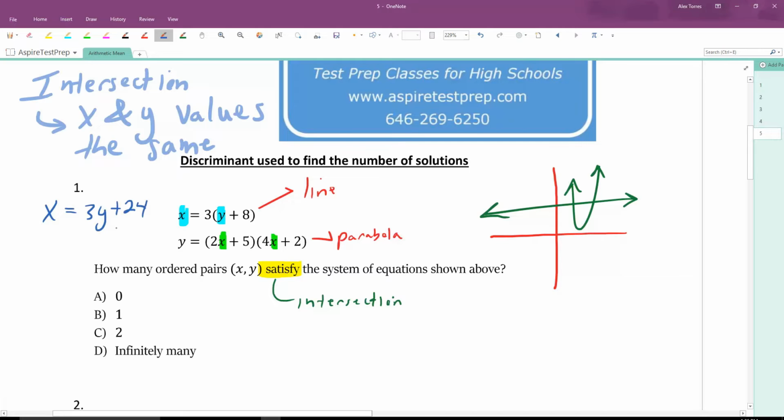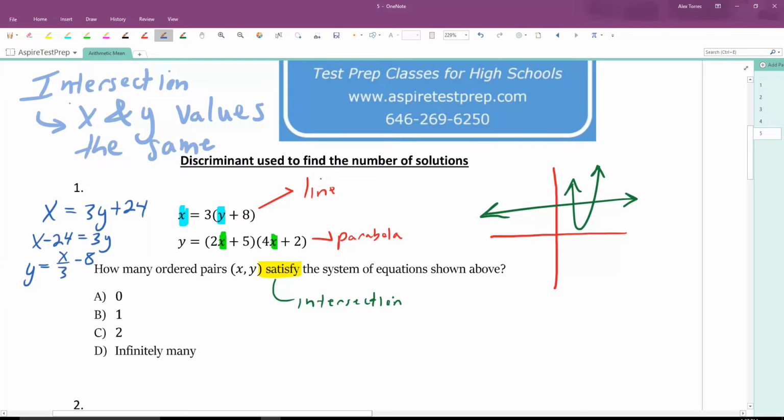What we're trying to do is get y by itself, so we take away 24 from both sides. x minus 24 equals 3y. Then we divide both sides by 3, and y equals x over 3 minus 24 over 3, which, by the way, is 8. Make that a little neater.